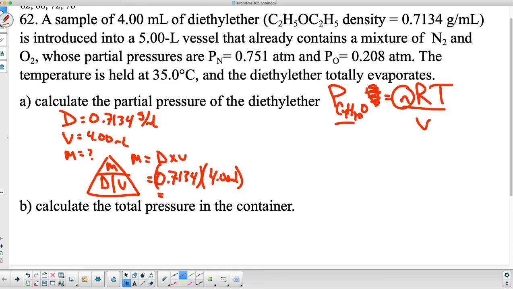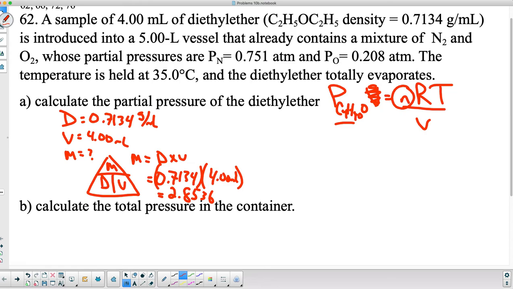Whatever that equals, I'm going to squeeze it in down here because we have a lot of calculations to do for this. Whatever that equals is going to be my mass.